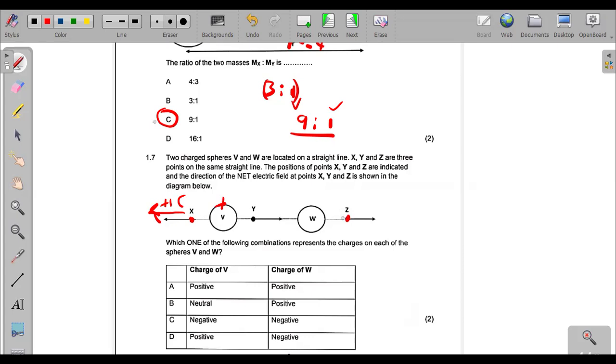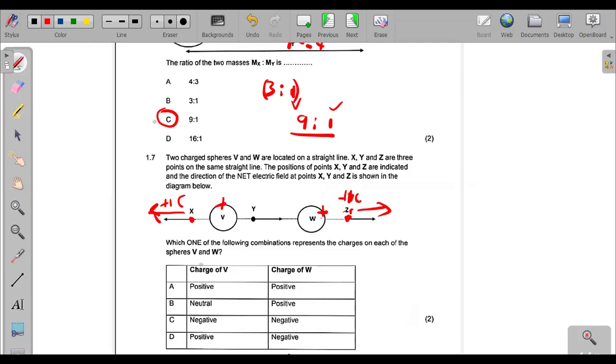Z is showing us that, since it is closer to W, the most dominating electric field is that of W. Considering again that Enet is acting to the right, and knowing there is a positive 1 coulomb charge at point Z, W also carries a positive charge because it caused Z to repel away from it.